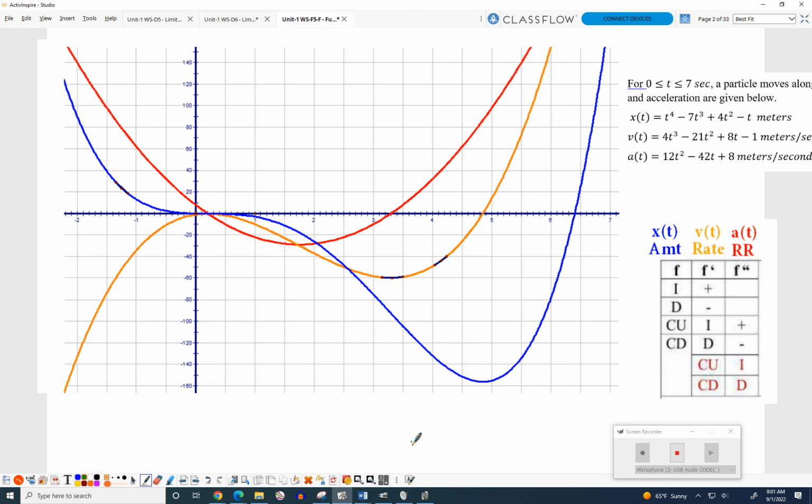The other 90% of the test will have problem after problem that deals with one of these 3 things: either an amount, a rate, or a rate of a rate. Here's a really simple example.